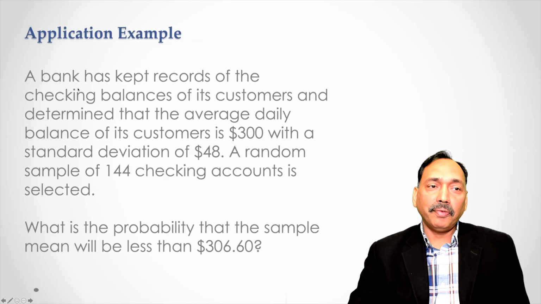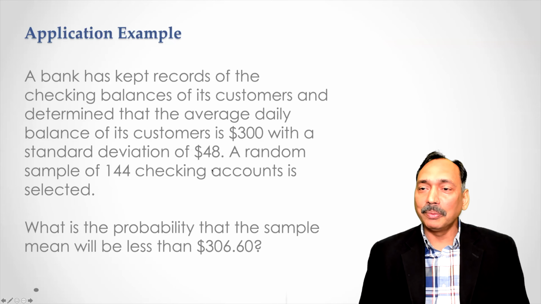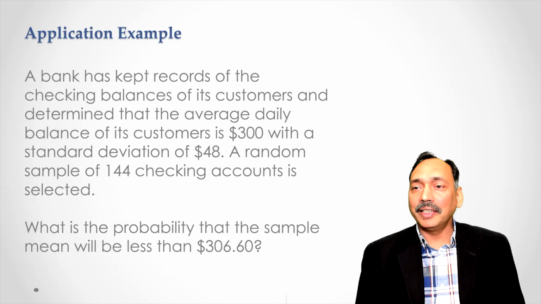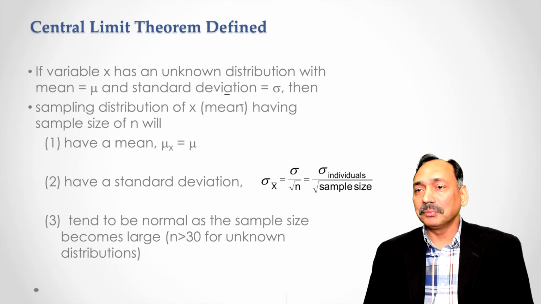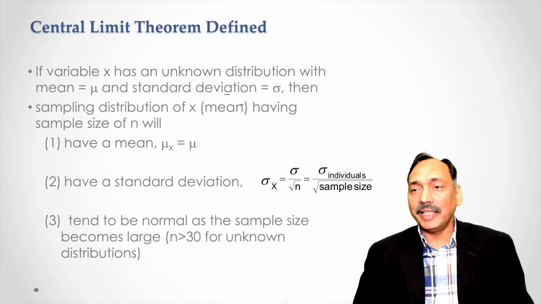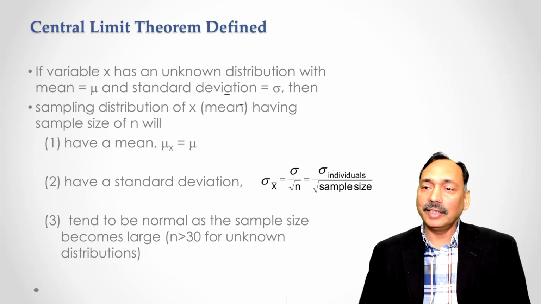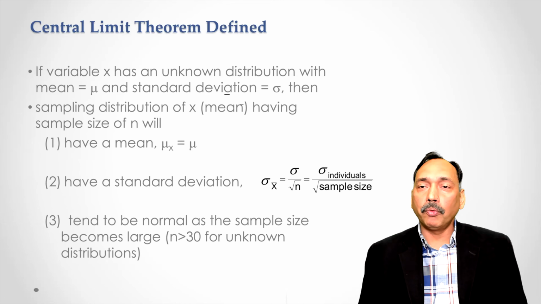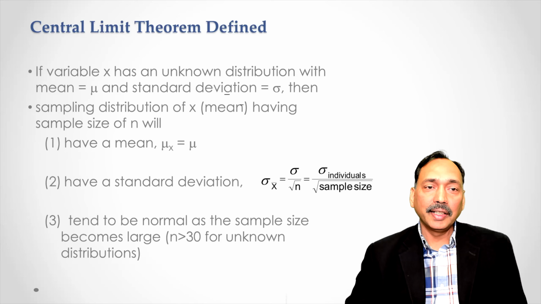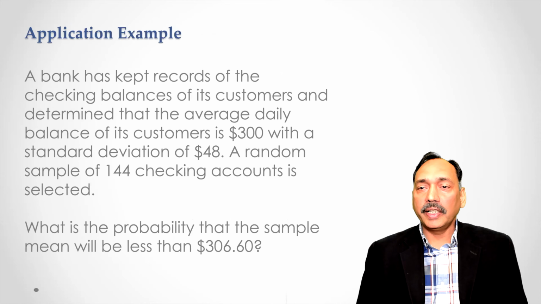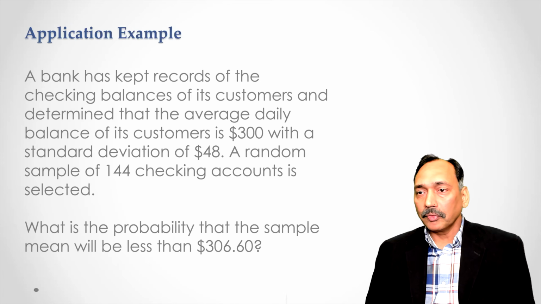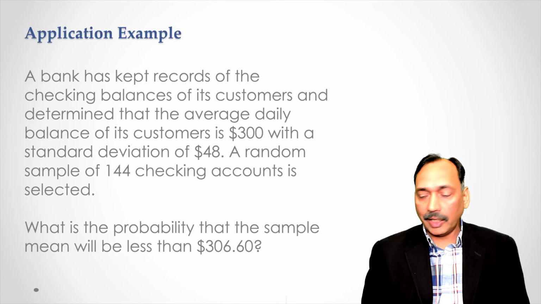Nowhere in the first paragraph does it say it is coming from a normal distribution, because that assumption is no more needed because of the central limit theorem. So the central limit theorem says that if your sample size is more than 30, forget about everything, whatever may be the initial distribution, that unknown distribution doesn't matter, you are using the normal distribution. So this way, the normal distribution can be used in combination with the central limit theorem.